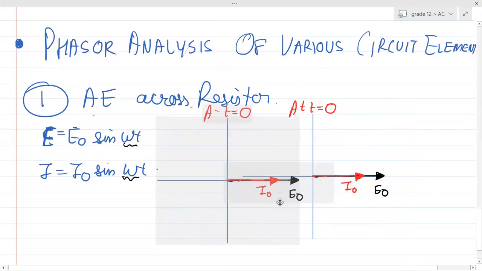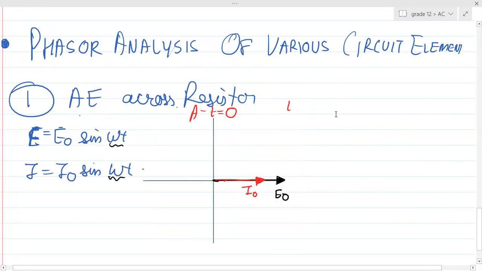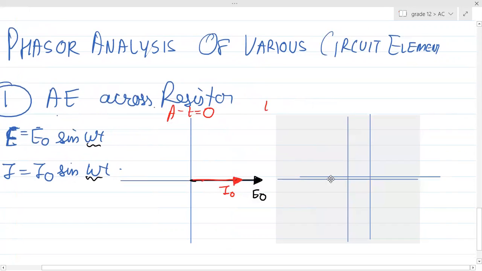So at any particular instant, these phasors will become something like this.